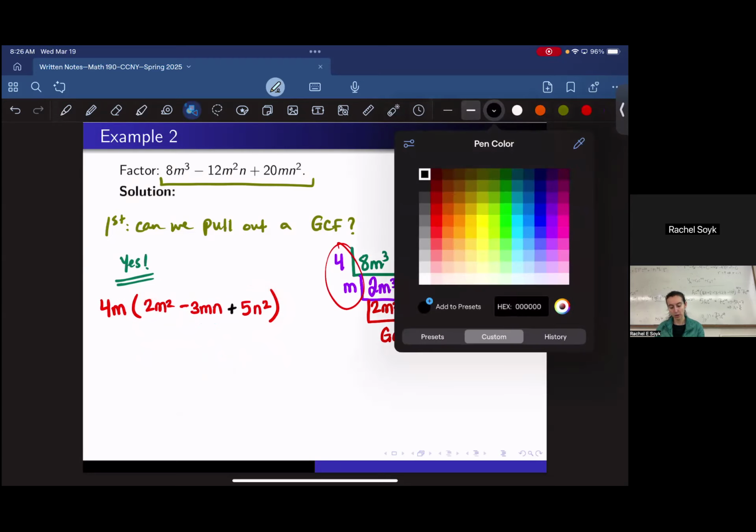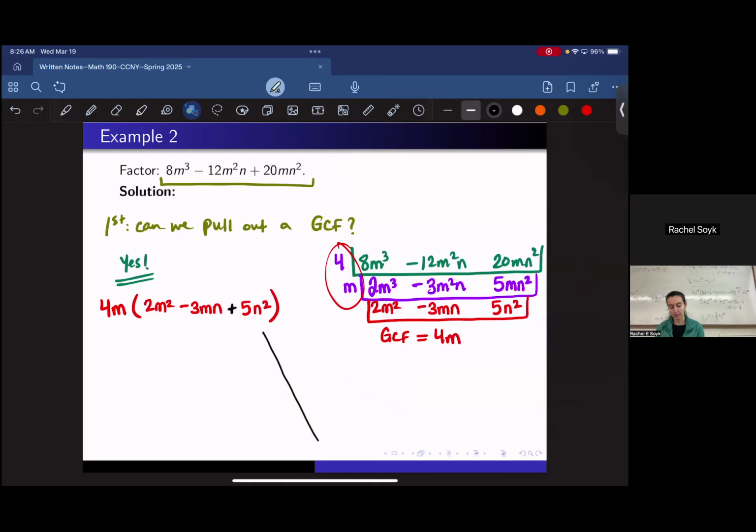We're back to our whole AC method, dealing with trinomials. What's our A here?